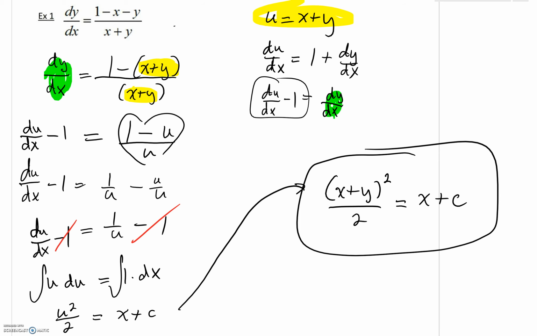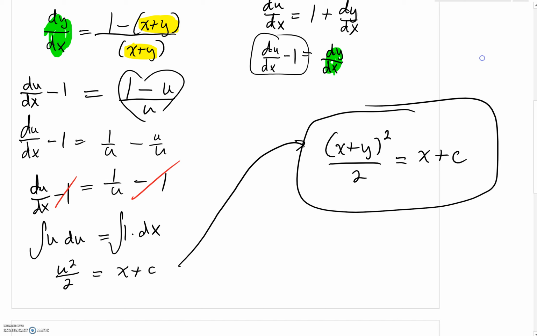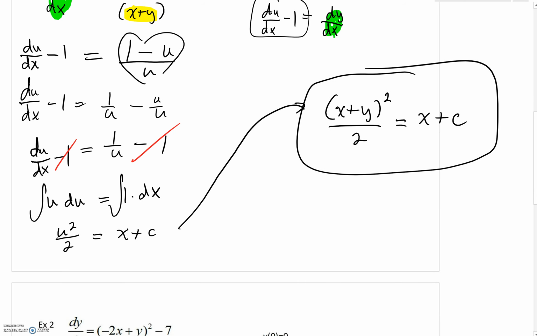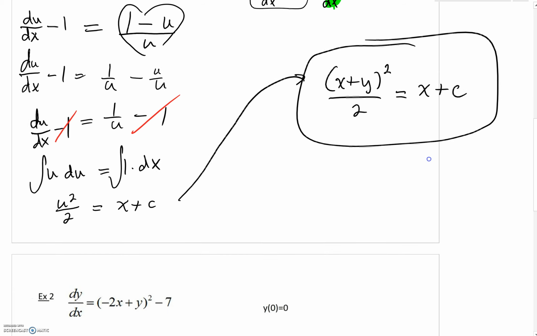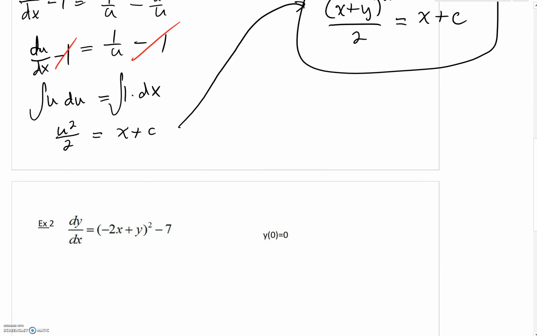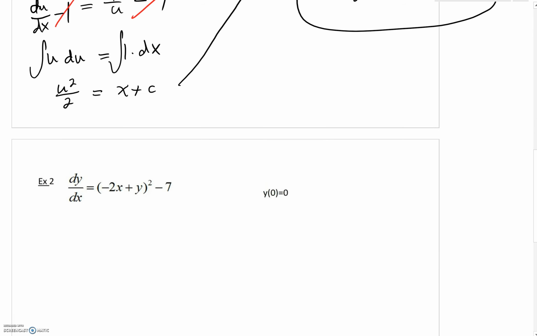It's solved implicitly. Could you actually go ahead and try to solve for y by taking square roots? Well, I suppose you could. This is good enough.